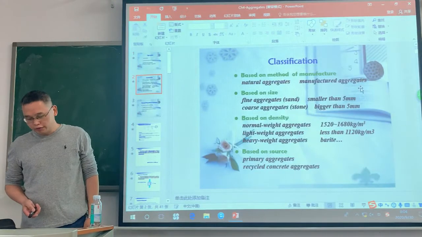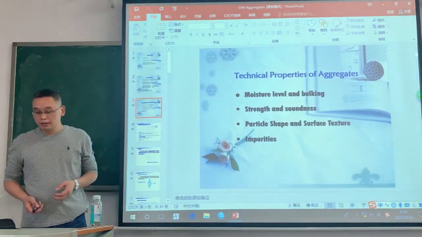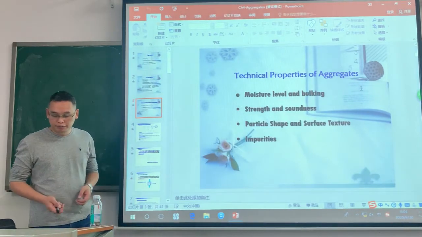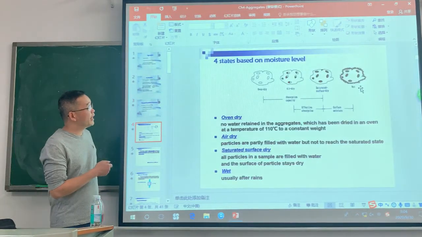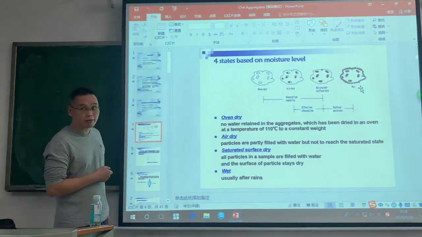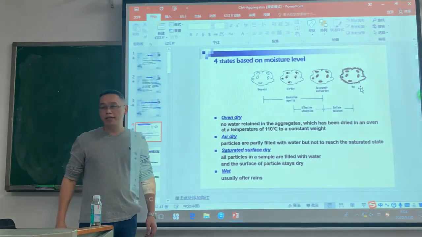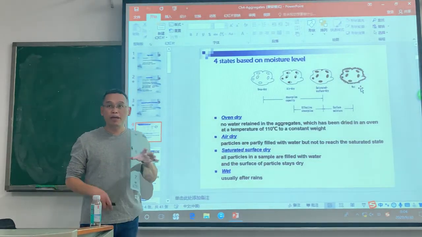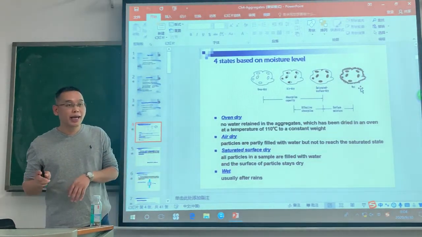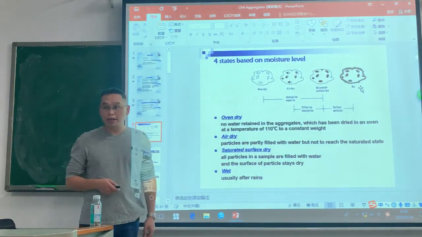Classification. There are some technical properties of the aggregate. The first one: we can know something about the properties of the aggregate. There are four kinds of states. The first one is oven dry, which means there is no moisture in the pores of the aggregates.